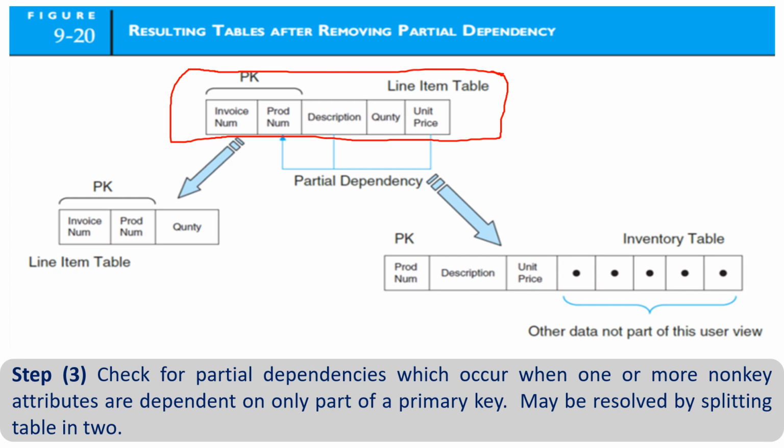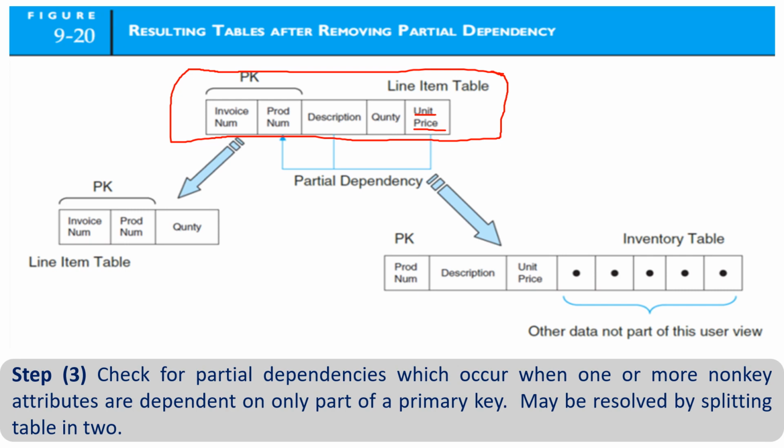If you see here, where we said that one of the two conditions of the third normal form of the table is that each attribute should depend on the primary key and not on other non-key attributes. So here we have some information, like the unit price.